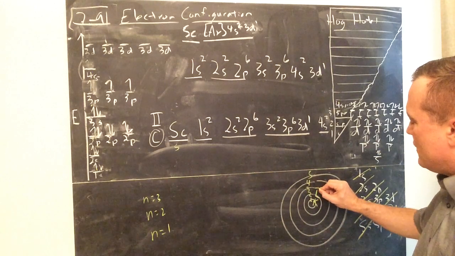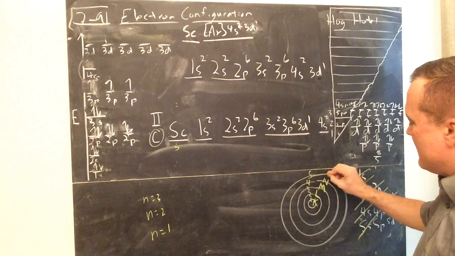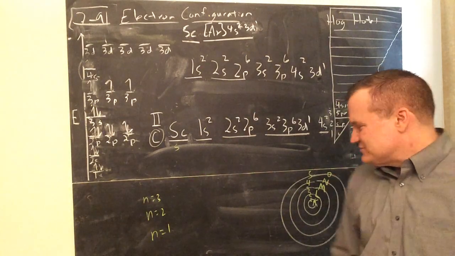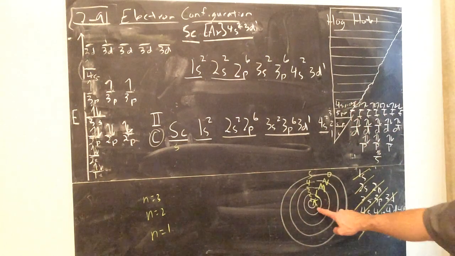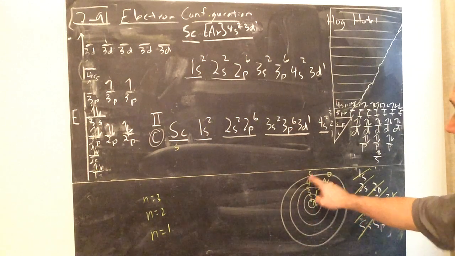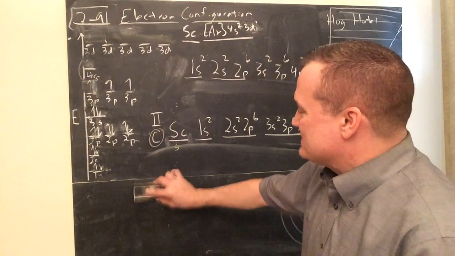N equals 3 would be called the M shell, capital M, N, O, and P, Q, R, and it keeps on going. So, the K shell, the L shell, K, L, M, N, O. Can you see those letters? I guess you can. K, L, M, N, O are shells number 1, 2, 3, 4, 5. I don't know why, but they did that, and it pops up sometimes.